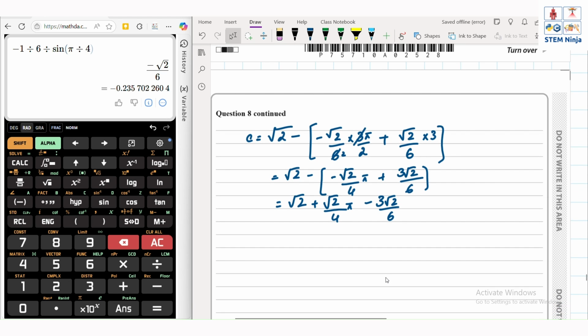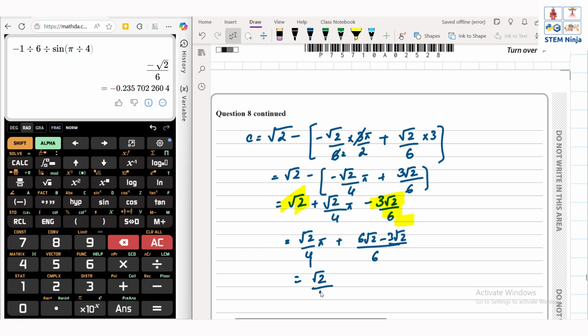What we can do further over here is add these terms together. Sorry, I did not mean to cancel this out. So when we add these together, you have root 2 over 4 pi, plus root 2 minus 3 root 2 over 6.